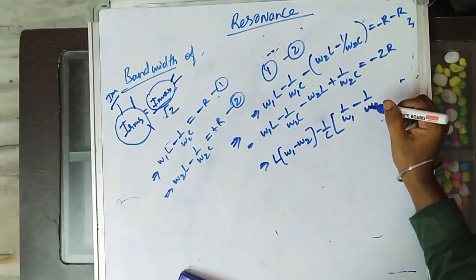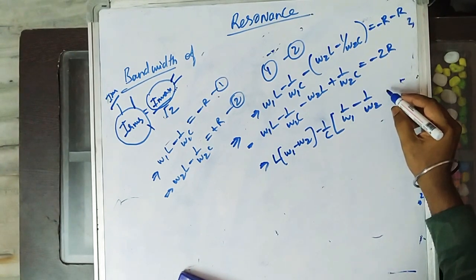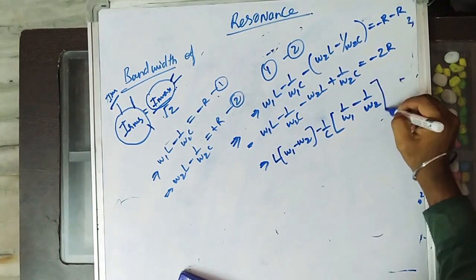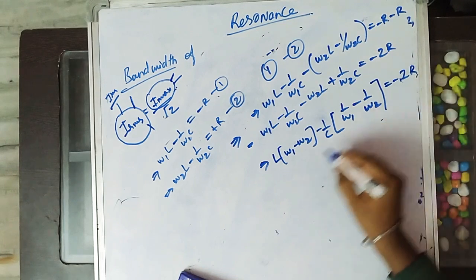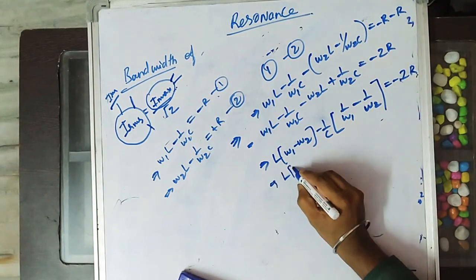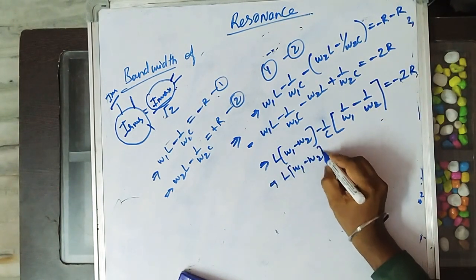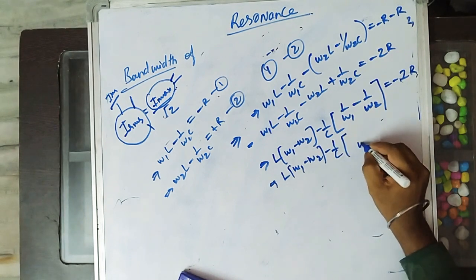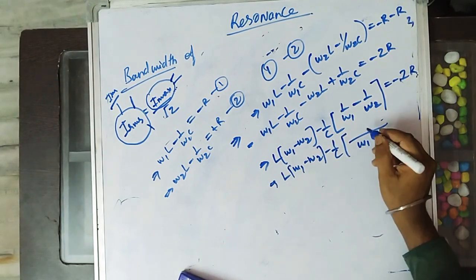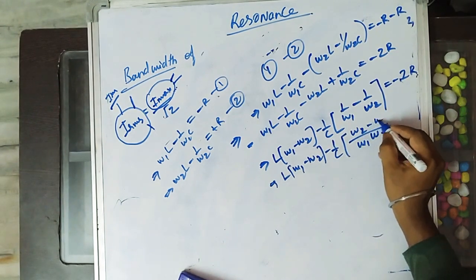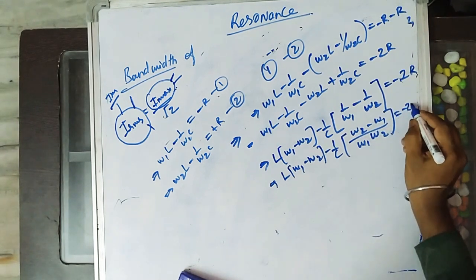Equal to minus 2R. Now we'll take the LCM, equal to minus LC omega 1 omega 2 times omega 2 minus omega 1 equal to minus 2R.